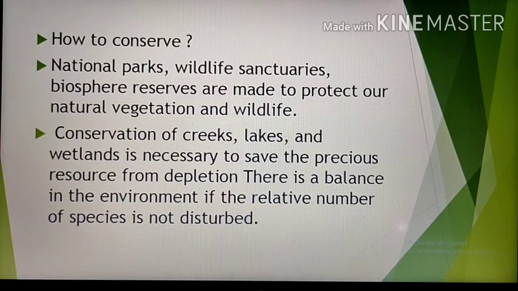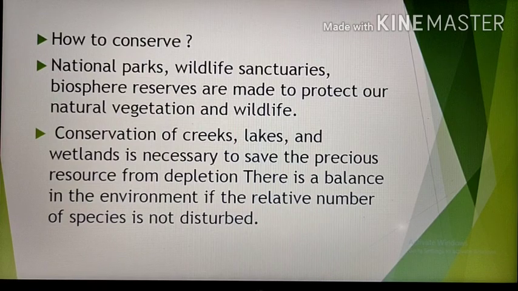Biosphere reserves are series of protected areas linked through a global network intended to demonstrate the relationship between conservation and development. Conservation of creeks, lakes, and wetlands is necessary to save the precious resource from depletion.